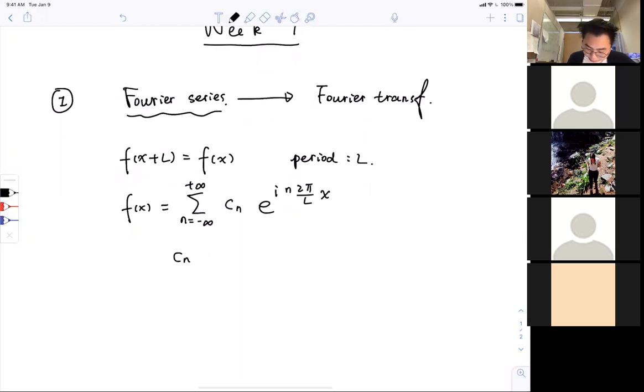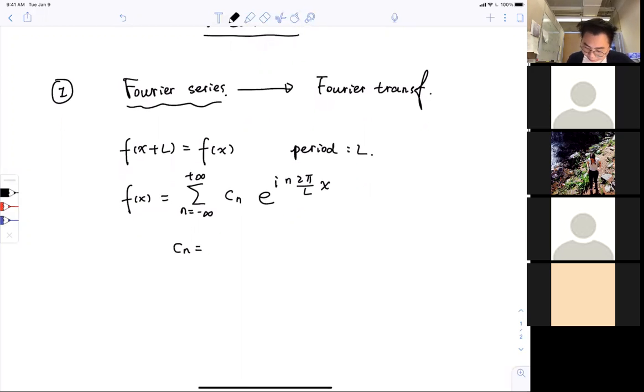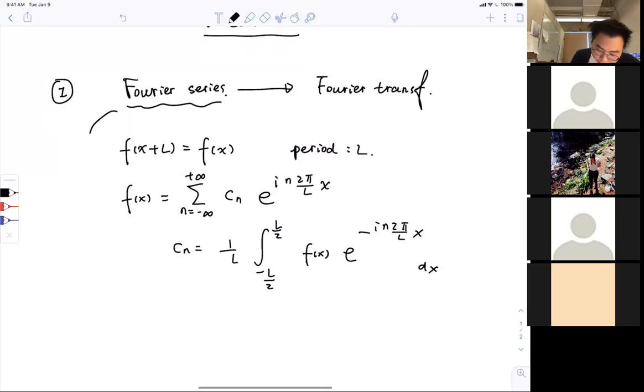Yeah, Cn is given by what? One over L, integral from minus L over 2 to L over 2, f(x) times the exponential of minus i n 2 pi over L x dx. Right. So this is for the Fourier series.